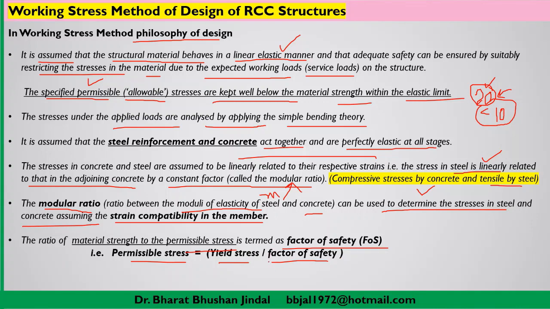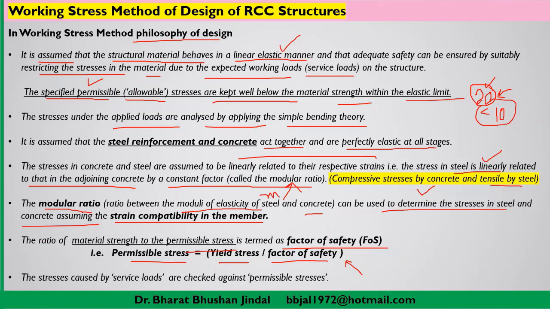It may be taken as 3. So permissible stress will be 250 by 3. It means the steel which we are using in this RCC member, when embedded in concrete, we are considering its yield strength as 1/3 of its actual strength. So that will be the permissible strength.